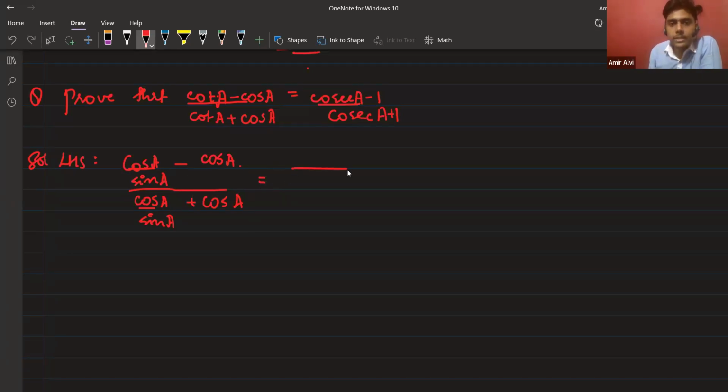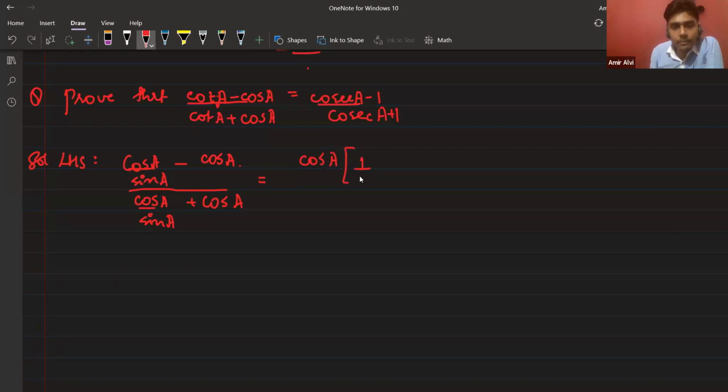Okay. Now take LCM, which is sine A. Rather than using LCM, let's do one thing, because we have to get cosec. Can we take cos A common from both the terms, from the denominator and numerator as well? Yes, sir.